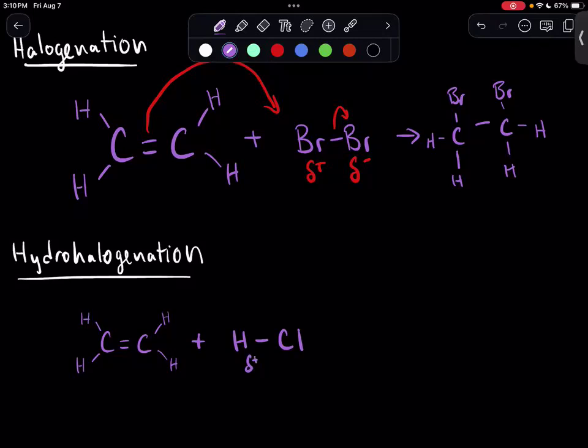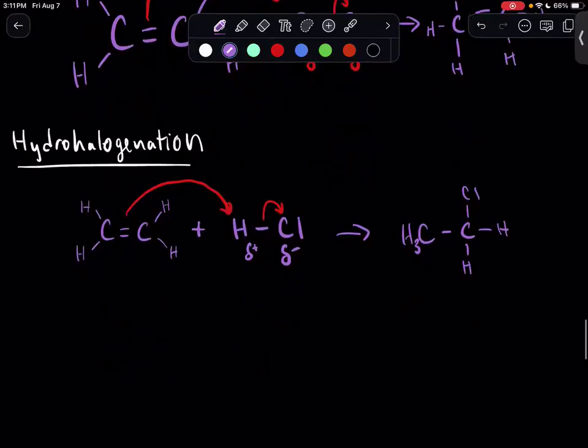This time it's a bit more clear on the partial charges. Our hydrogen's partially positive, our chlorine's partially negative. So of course we're going to have the reaction mechanism look a little simpler like that. And once again, we end with, now I'll just simplify this, H3C, C, Cl, H, H. And so in this case, one of the hydrogens goes to the left and the chlorine goes to the right, or vice versa. It truly does not matter.